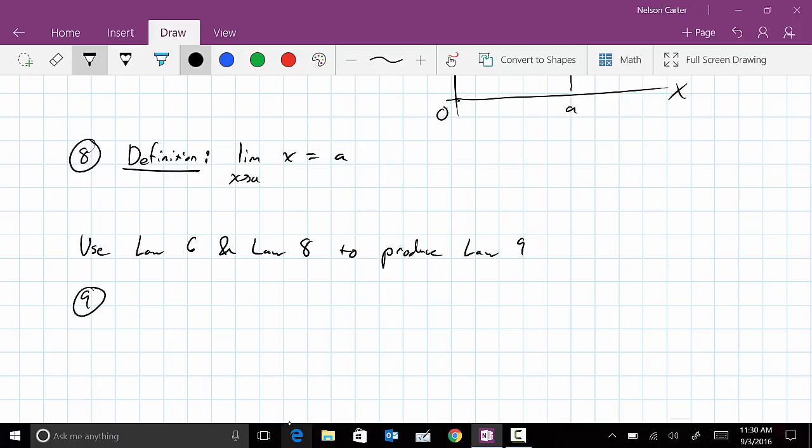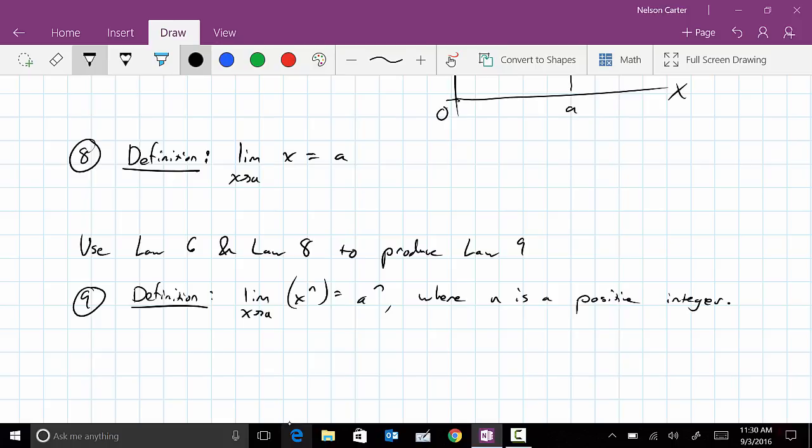Okay, it says that the limit as x approaches a of x to power n is going to equal a to power n, and that's going to always work where n is a positive integer.